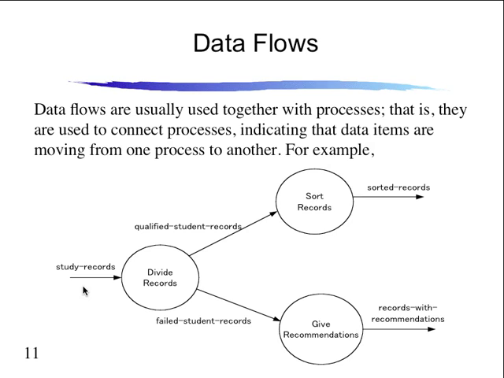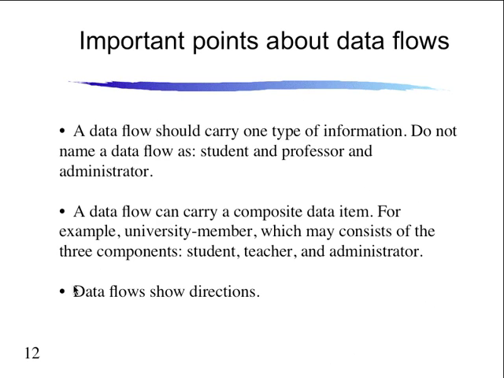It's clear. Here, it's vague. We just have student records. It may not have come from anywhere. So oftentimes students don't like to have arrows that just come from nowhere. They think there's something wrong with it. It's like, not really. We don't know exactly where the student records came from. We could have another diagram that showed where the student records came from if we wanted to, if there was some concern with it.